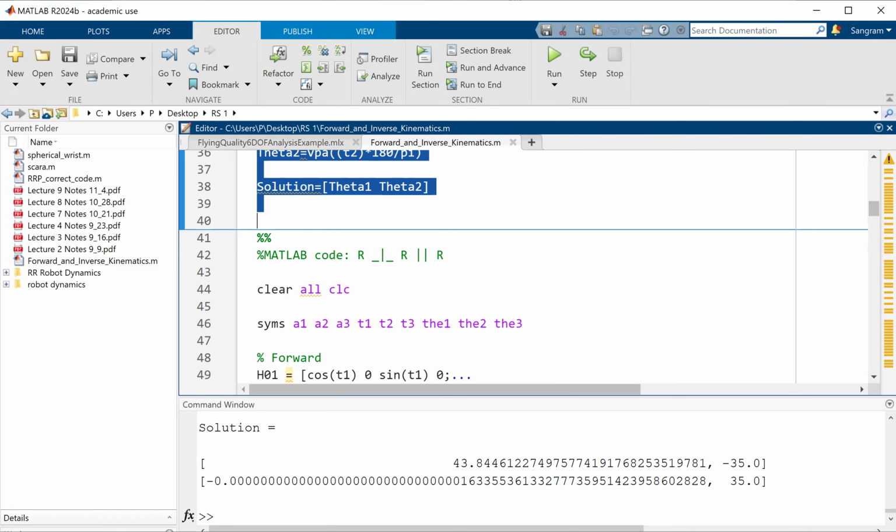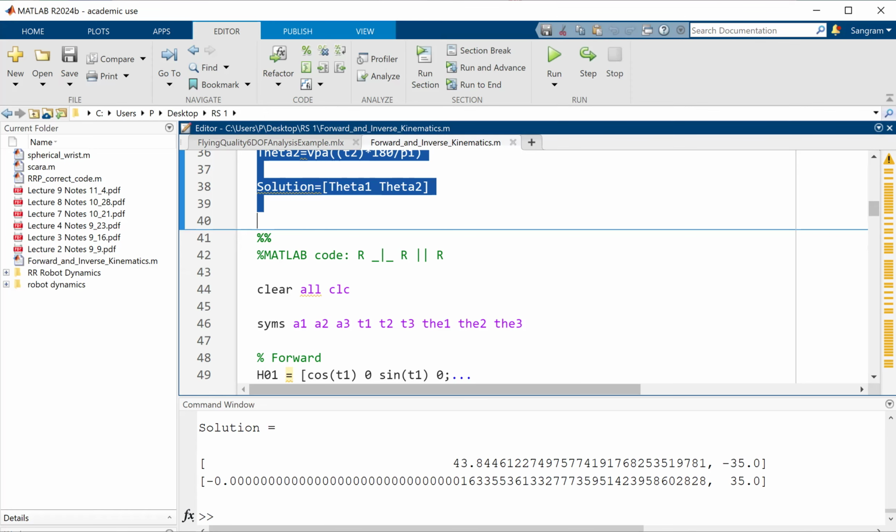Everyone understood this? So the next script that we are going to look at, and I'm not going to jump onto this script immediately because I need to set up this problem. I need to find out the rotation matrices, I need to find out homogeneous transformations, and then I have to solve forward and reverse dynamics.